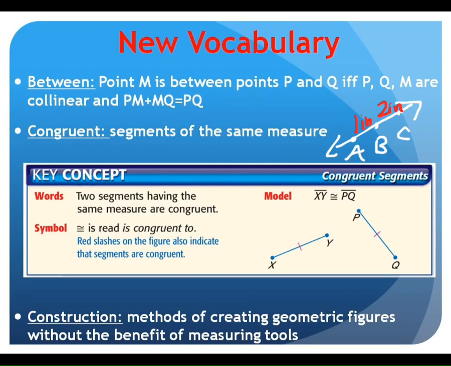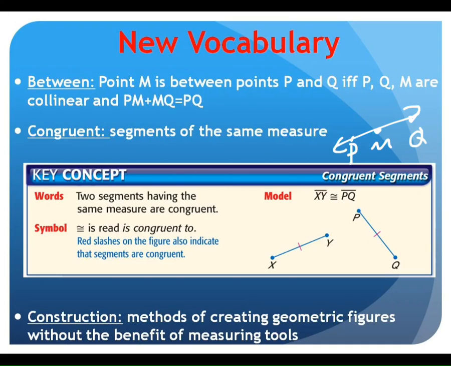Yes? Why does it say IFF? Good question. Very good question. IFF. We haven't seen that notation before. It says point M is between points P and Q. So instead of using A, B, and C, how about I draw a picture of P, Q, and M? So point M is between P and Q. IFF means if and only if.